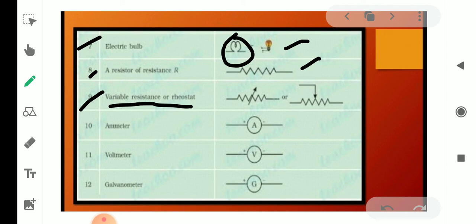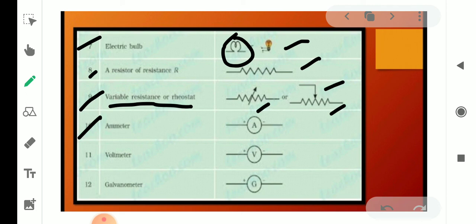This is the symbol used to denote a variable resistance: a zigzag line with an arrow mark. The arrow on the resistor shows that the resistance of this material can be varied with the help of the device called rheostat.